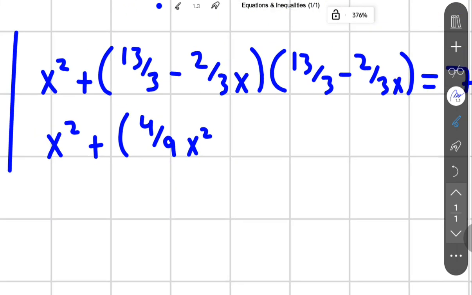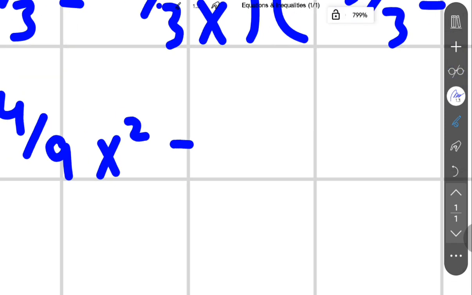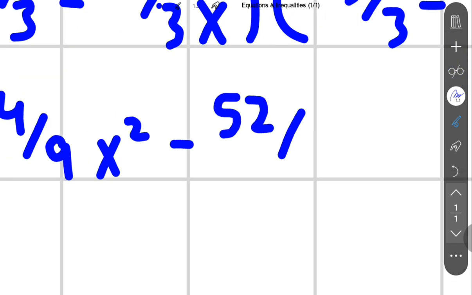and then we have 13 over 3 times negative 2 over 3 twice. So what I could write in the calculator is 2 times, bracket, 13 over 3 times negative 2 over 3, close bracket. And this will give me the b term. So this will be negative 52 over 9 x.